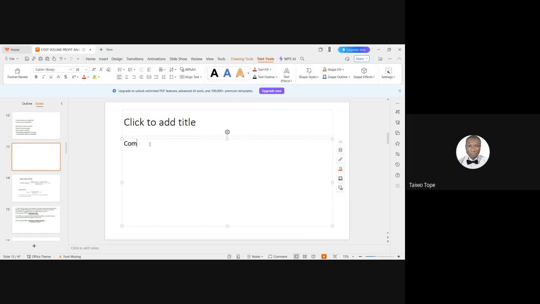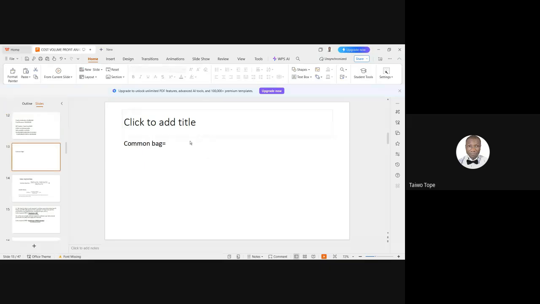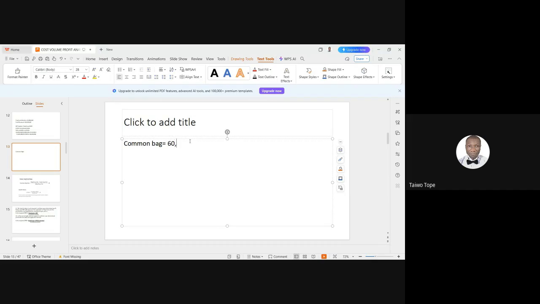Since we are working based on totals, related to sales of the common bag, that is the ratio, 60 million divided by 90 million, multiplied by 36 million.